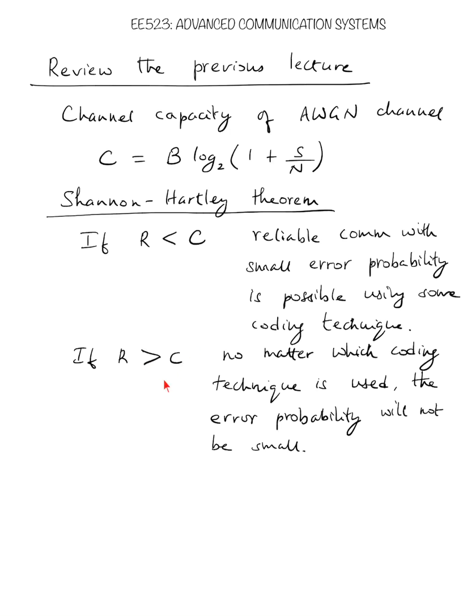Now, how do we know the capacity of the channel? Well, it depends on the type of the channel, and here we are focusing on the additive white Gaussian noise channel in our course. For the AWGN channel, the capacity is given by this equation, and it depends on the bandwidth of the channel and the signal to noise ratio. So if you want to increase the speed at which we communicate, then we have to increase the capacity of the channel by either increasing the bandwidth or increasing the signal to noise ratio.